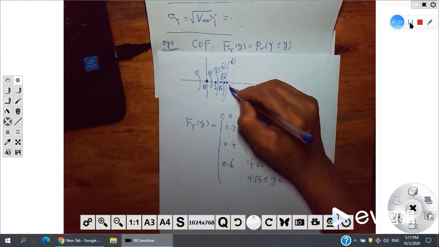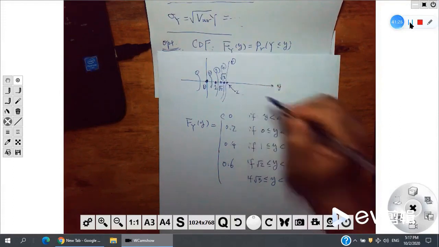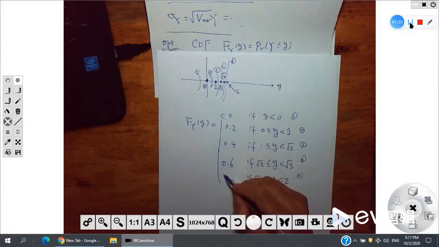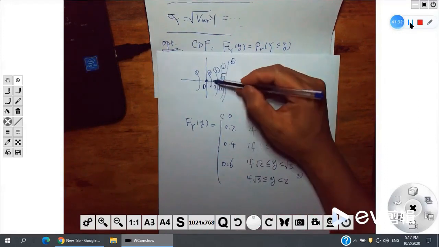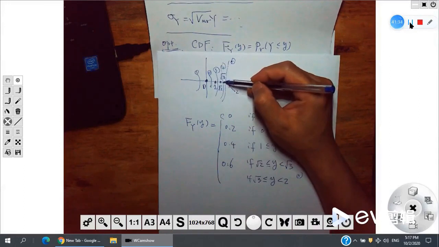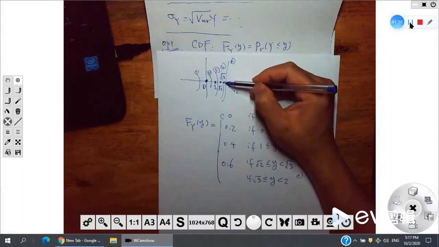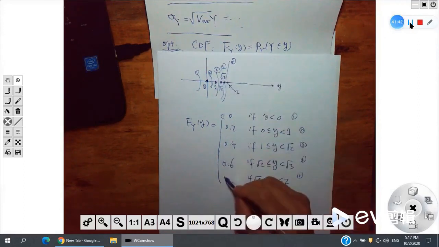Oh, this is square root of 4, this is 2. Okay, smaller than 2. This is the fifth case, and here I have 1, 2, 3, 4, 4 points, right? So each is 0.2, so it's 0.8.